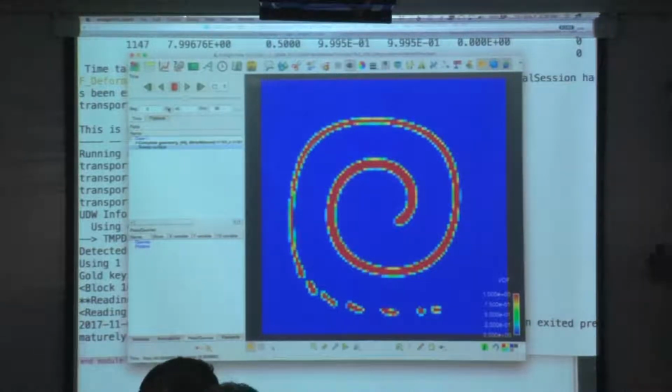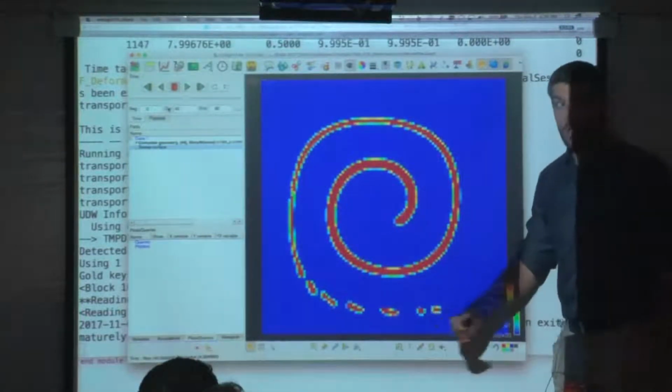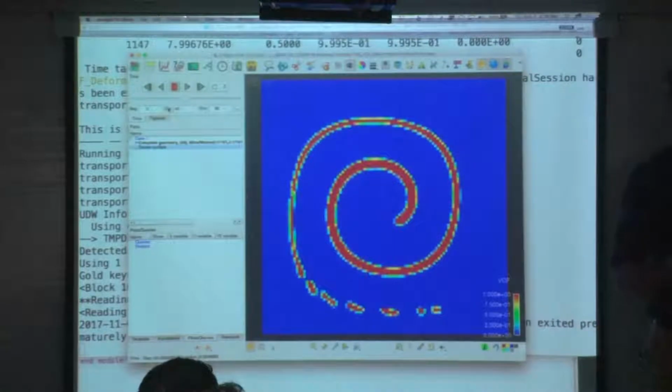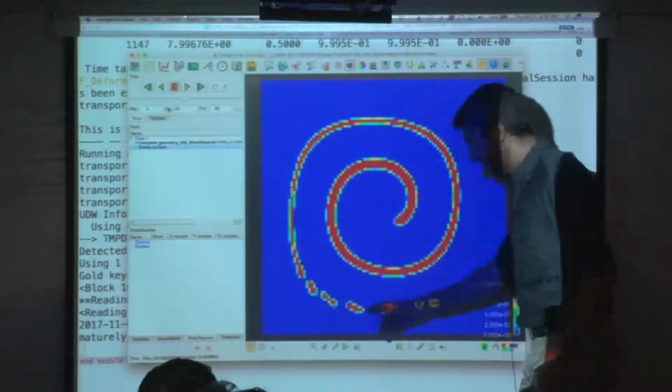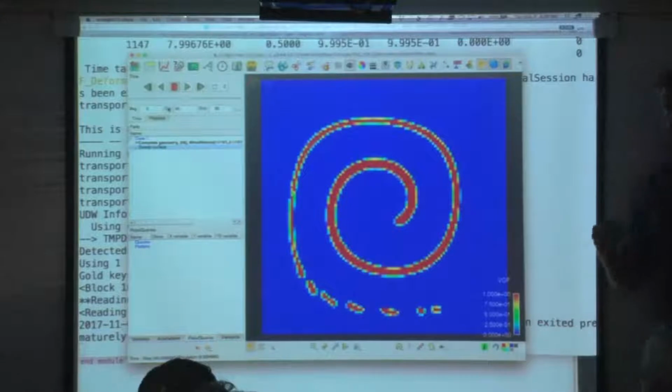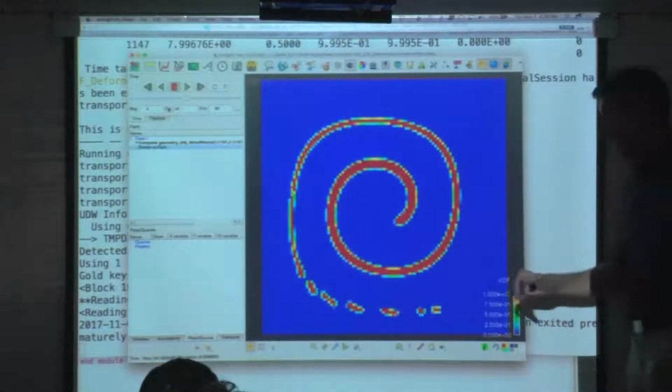No matter how small it gets, we need to maintain it on our mesh. However, the correct solution should be to have a ligament that's not representable on that mesh. That problem is built to examine the nature of the numerical errors.